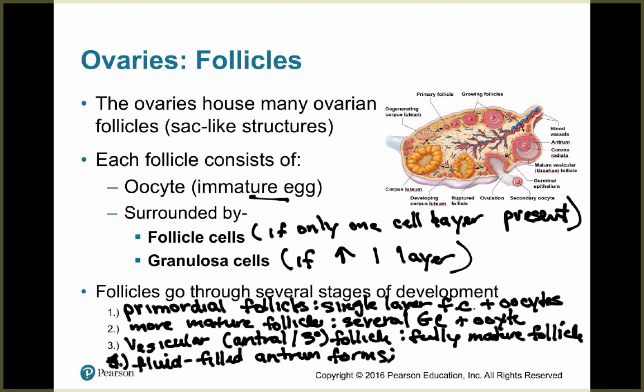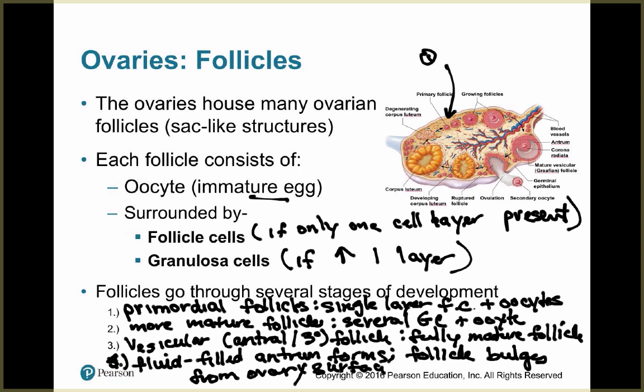This is the point where the follicle bulges from the ovary surface. You can go up here and look at this top picture where you can see it happening. Here you have that primordial follicle, with the oocyte and that single layer going around it, right? After that, you can see a growing follicle, a more mature follicle that starts having granulosa cells forming around the oocyte.